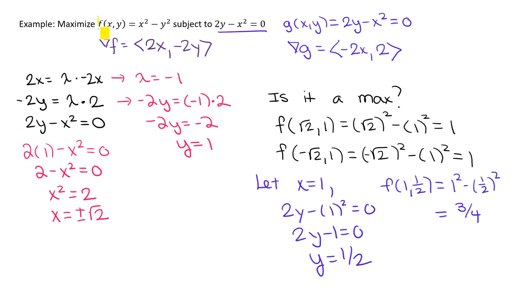And then I'm going to take that point and plug it into my function. 1 squared minus a half squared is 3/4. And that is smaller than 1. So that means, yes, they are maxes. And in fact, I have my maximum value of 1 occurs at both root 2 comma 1 and negative root 2 comma 1.